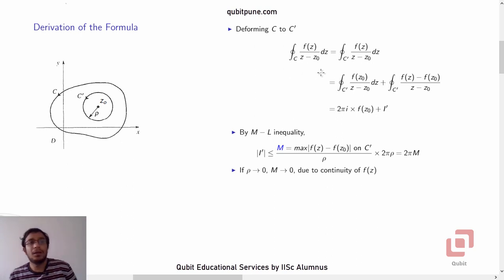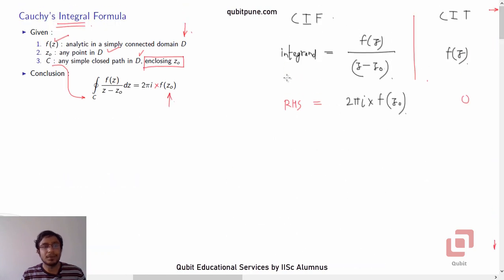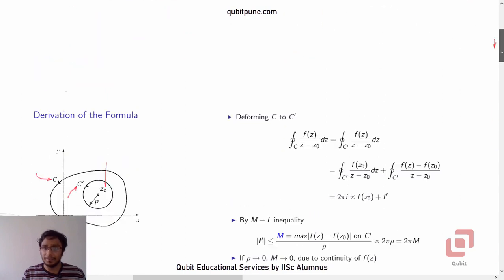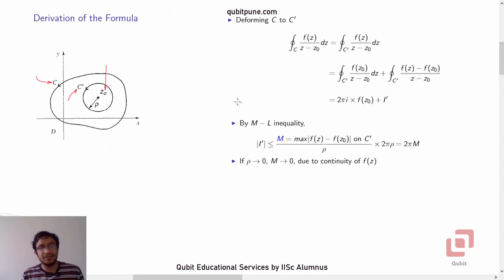Again we will take the help of path deformation. Suppose the given path is C, we will deform it into a circular path C prime such that the circular path C prime is centered at z naught, the point in the domain D. Let us construct an arbitrary circle as C prime and let its radius be rho.